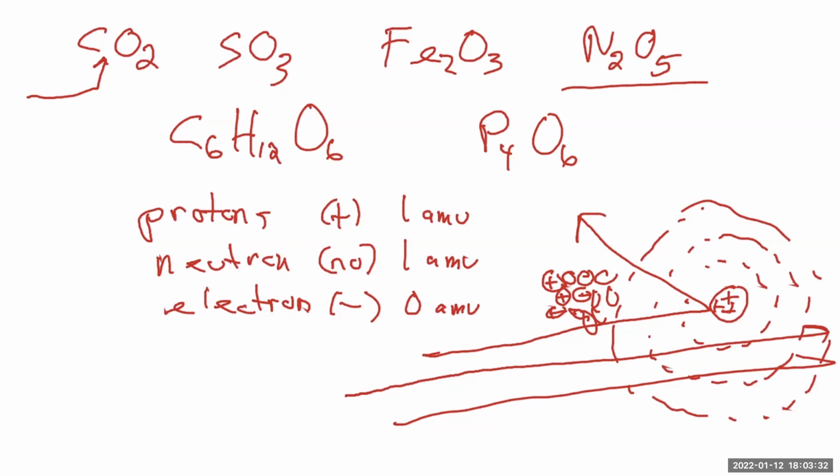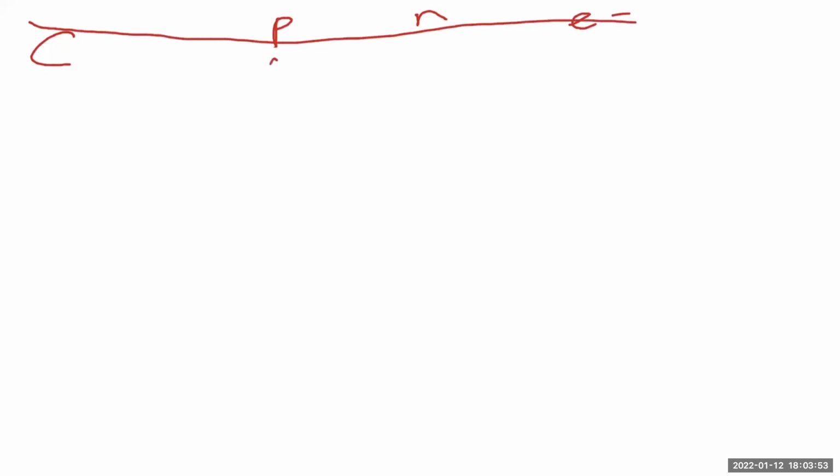Okay. Neutrons determine the mass of the element. Electrons do not. So the protons and neutrons determine that. So let's do carbon. We do protons, neutrons, and electrons. So carbon has 6 protons, 6 electrons.